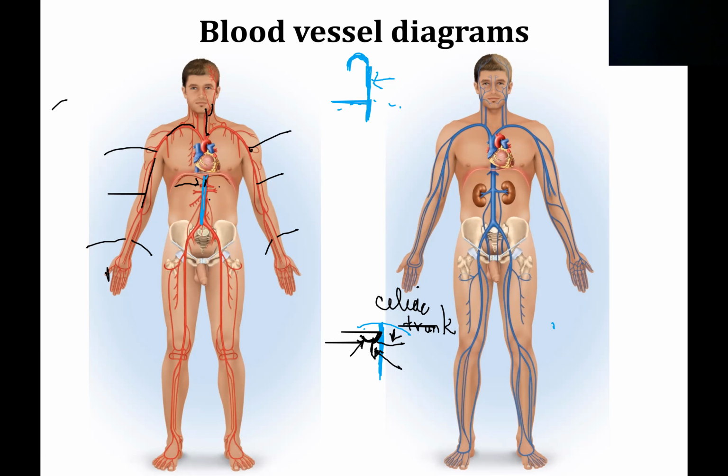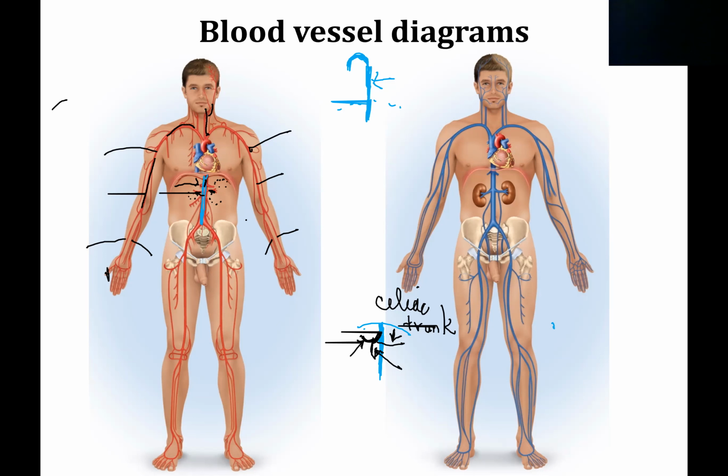Now, the next ones, which would be nice if they had drawn in the kidneys like they drew them on the vein side, but this little one and this little one are the renal arteries.